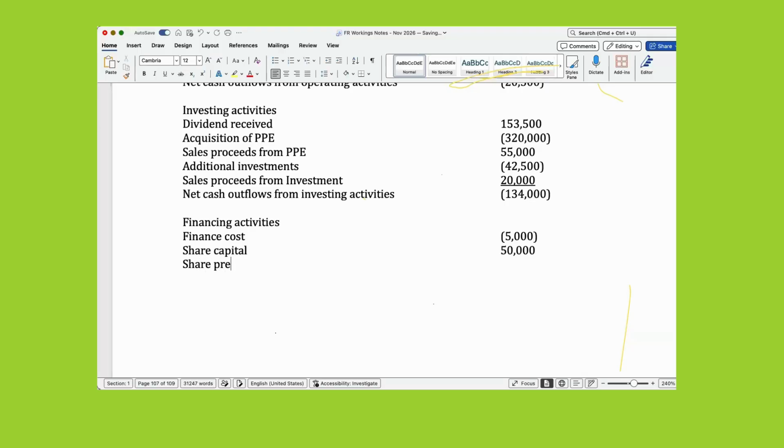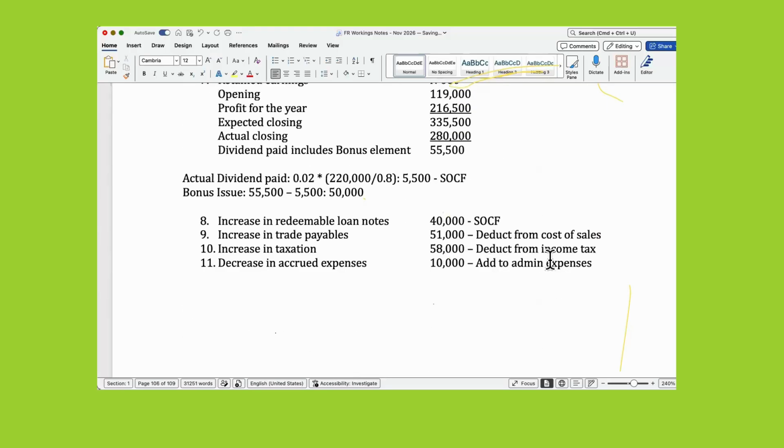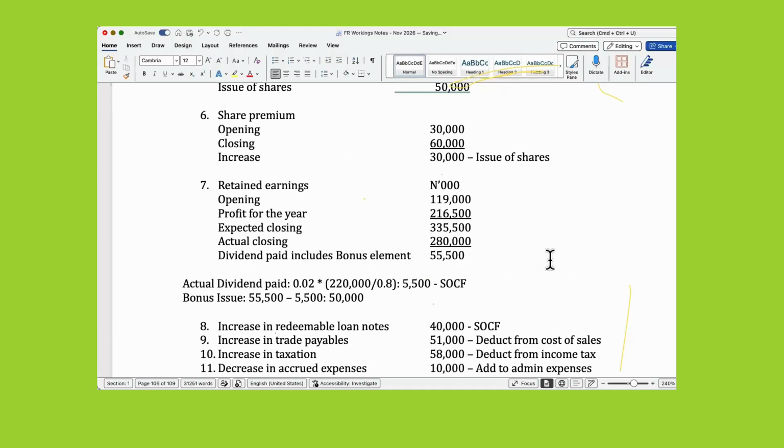Share premium. Dividend paid. This is outflow. Outflow of 5,005.